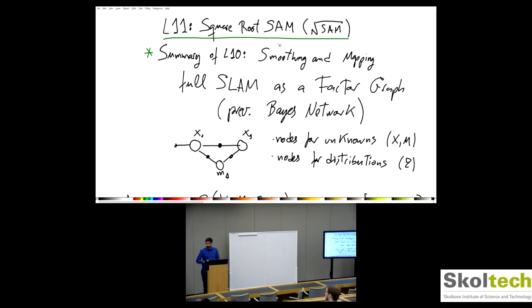Okay, so let's get into this. The summary of last lecture, which I think is probably one of the most important lectures that we are going to be presenting in this course. This alternative approach to filtering: we know a lot about filtering, but this new approach, smoothing and mapping, or calculating full trajectories, is slightly different.